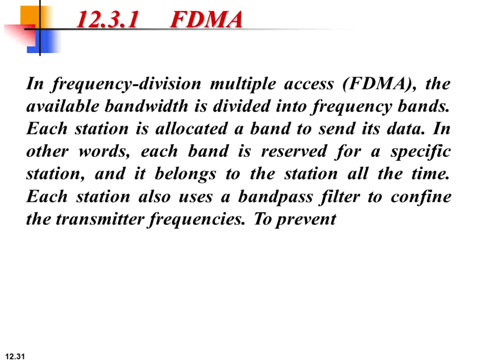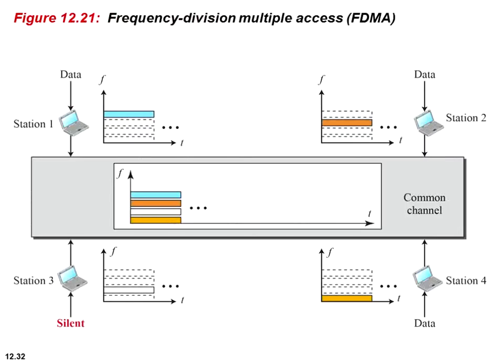FDMA is frequency division multiple access, where the available bandwidth is divided into frequency bands. As you can see in this figure, FDMA specifies a predetermined frequency band for the entire period of communication.